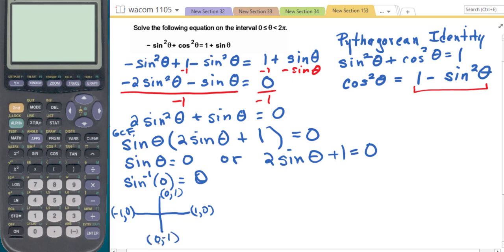Since sine is your y, we have two places: at pi and at 0. So this one gives us pi, which is the amount you rotated there, and this one gives us 0. So that is two answers.